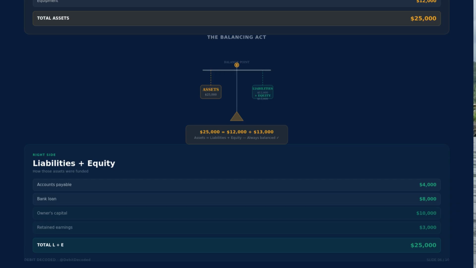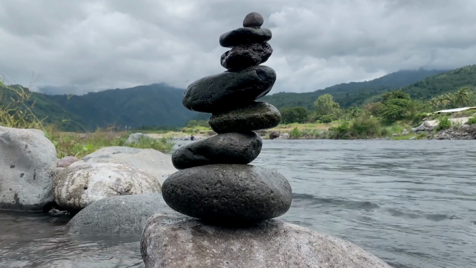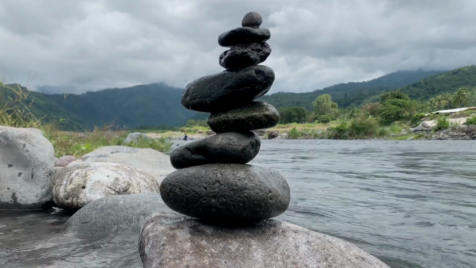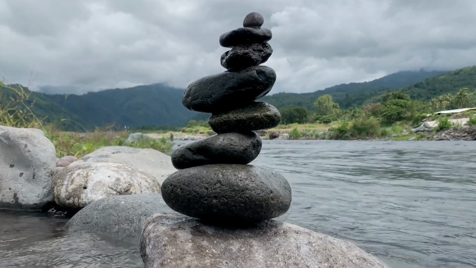Either by borrowing money, which creates a liability, or by the owner putting money in or the business earning profit, which creates equity. So every dollar of assets on the left side is matched by a dollar of liabilities or equity on the right side. The two sides always balance. If your balance sheet does not balance, something has been recorded incorrectly.